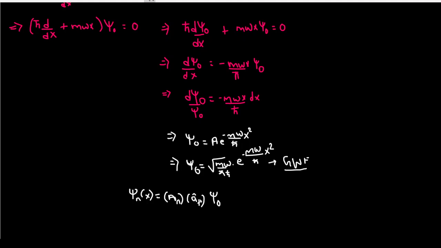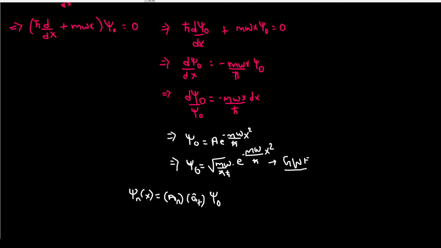I have told you that whenever you apply the raising operator to the wave function, it will just increase your energy. This particular psi naught is your ground wave function, but if you continuously apply this raising operator, you will get psi 1, psi 2, psi 3, or whatever.